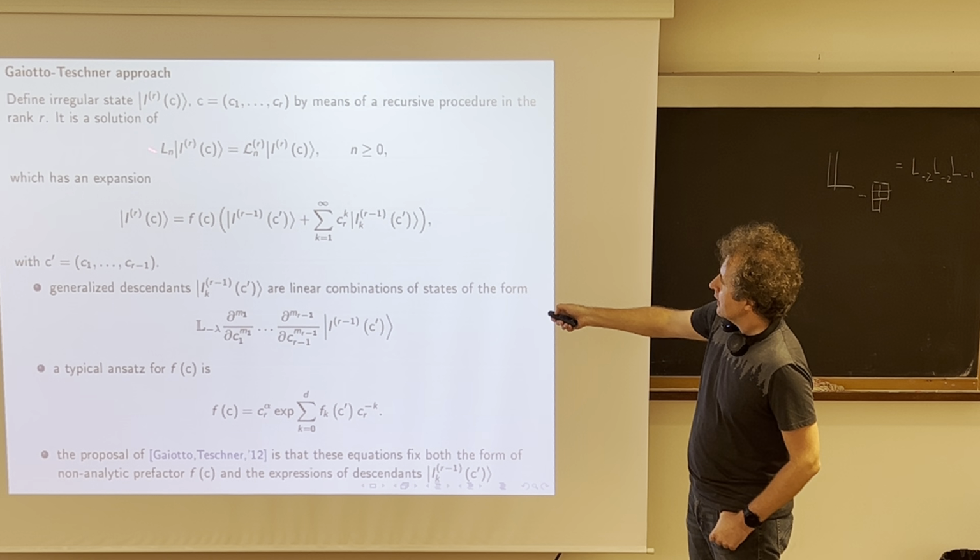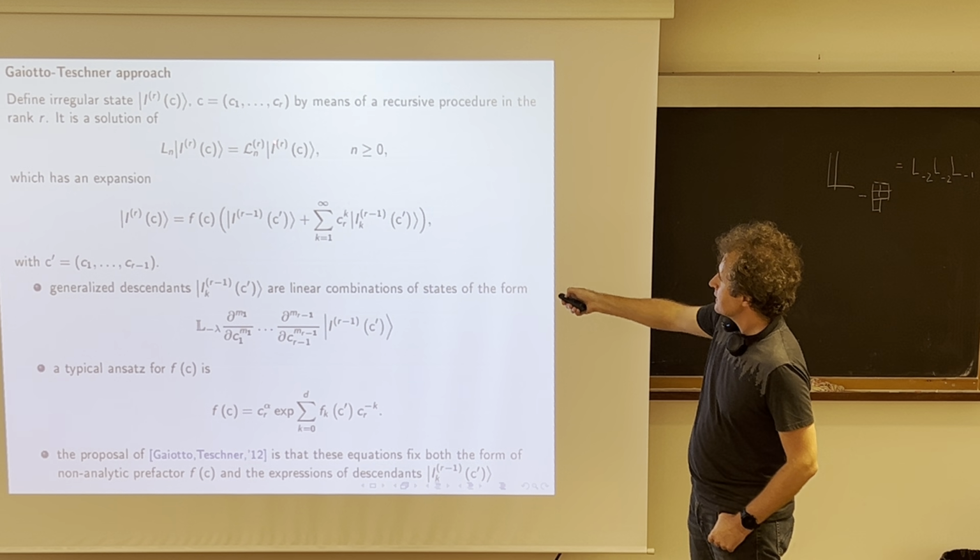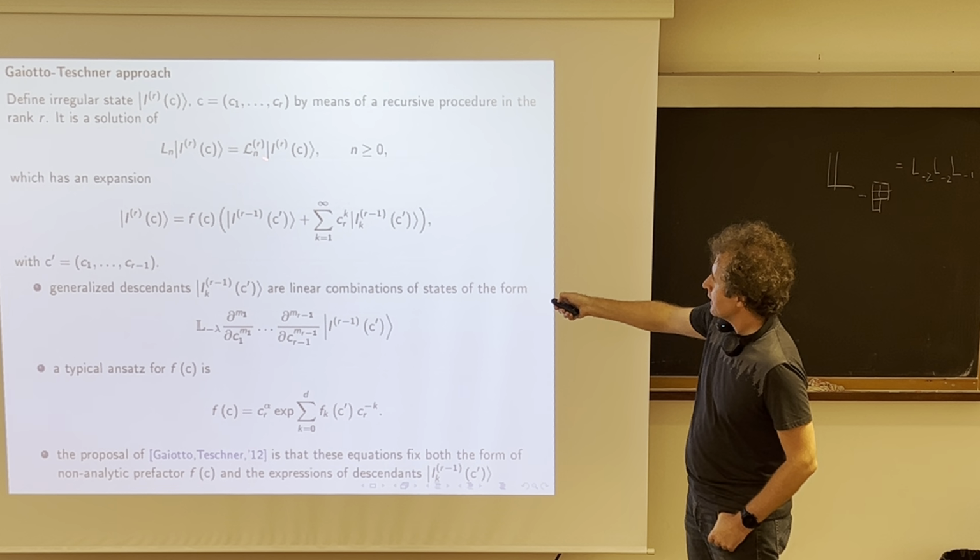So these L's with positive indices act by some differential operators that I have shown you before. A part of them are just eigenvalues, and those from L0 up to L_{R-1} are some first order differential operators in the eigenvalues. Okay.